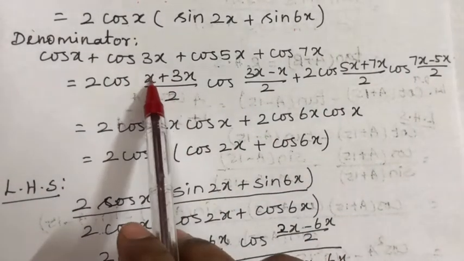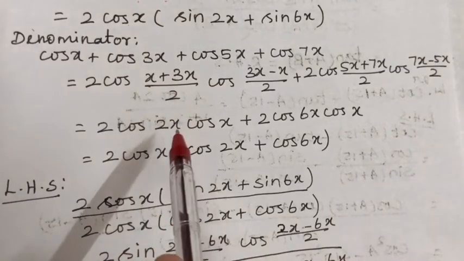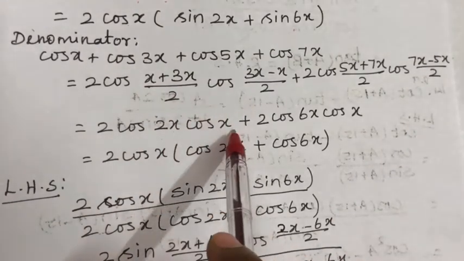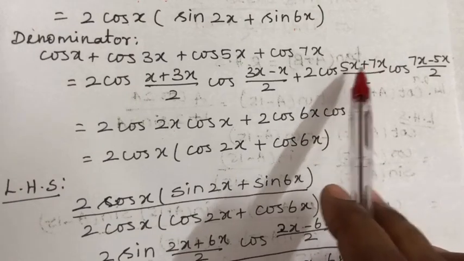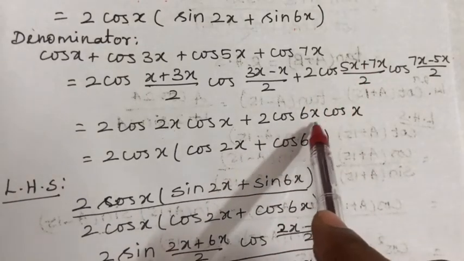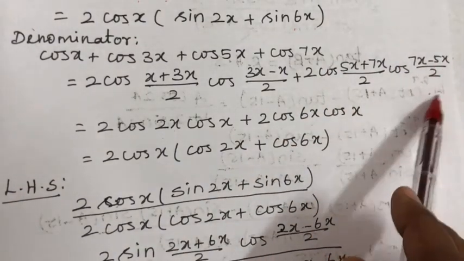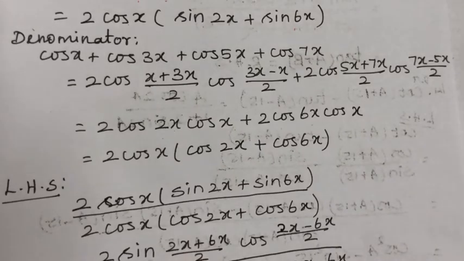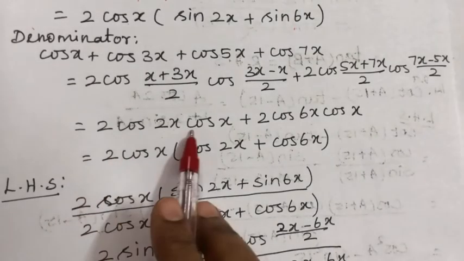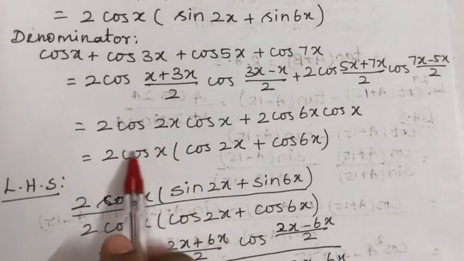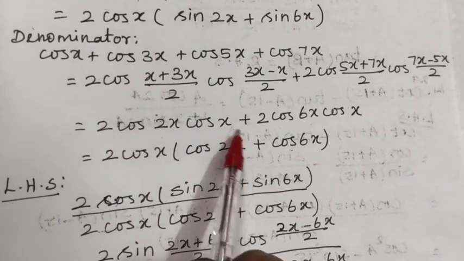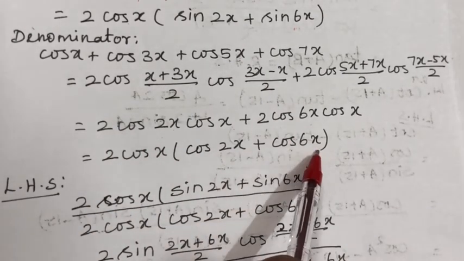How did 2x come? x plus 3x is 4x, by 2 that is 2x, and cos x plus 2 cos of 5x plus 7x, that is 12x. 12x by 2 is 6x. Here 2x by 2, so it is x. 2 cos x, so 2 cos x let us take as common. The remaining term is cos 2x plus cos 6x.